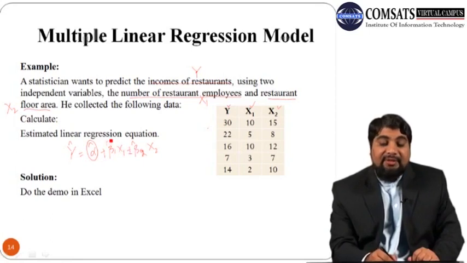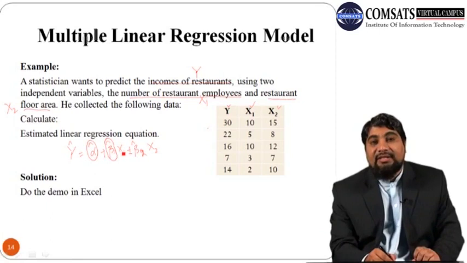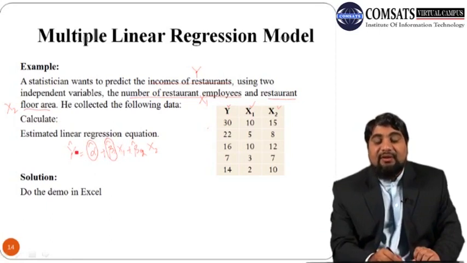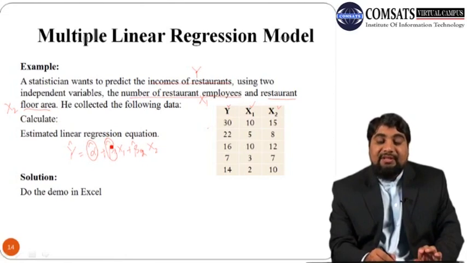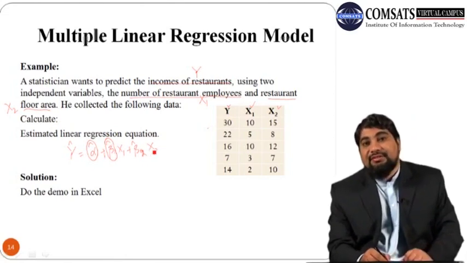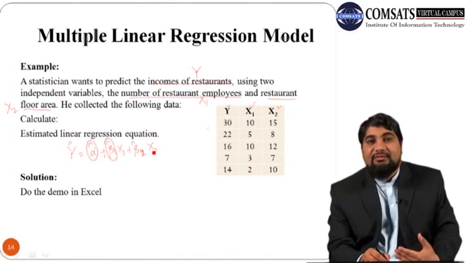Now, the interpretation of beta 1 hat is: when x1 increases by 1 unit, y will also increase by beta 1 hat units, keeping x2 fixed, or keeping the effect of x2 constant.